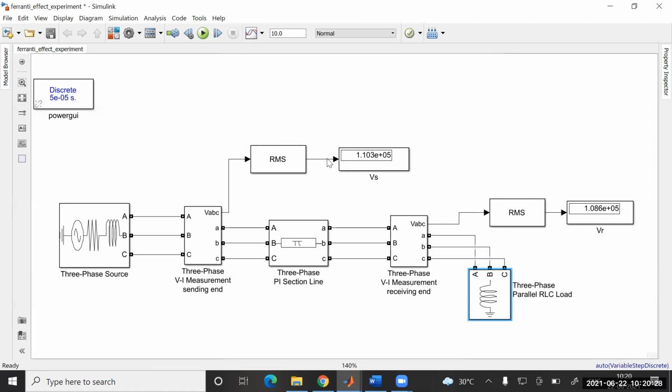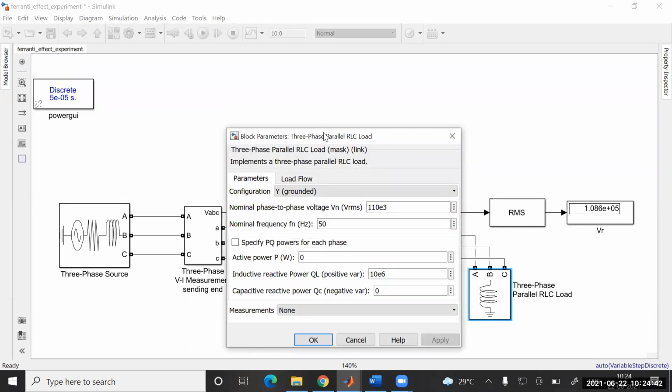This is what happens when we do this phenomenon. So this was it. Now what we have done is given a load in this part. Now what is this load being converted into?